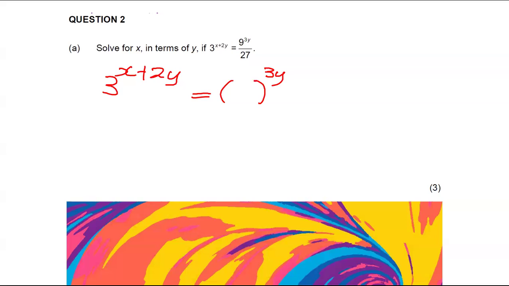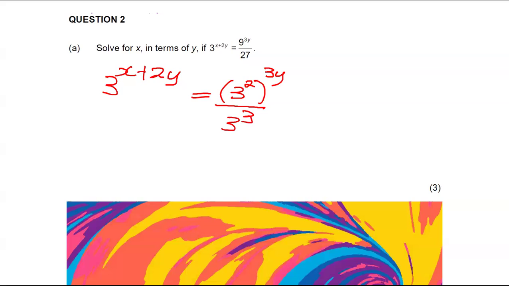Now, prime factorize 9. What is 9 prime factor? It is 3 to the exponent of 2, right? And when you prime factorize 27, it'll be 3 to the exponent of 3. And that's what we will be left with.